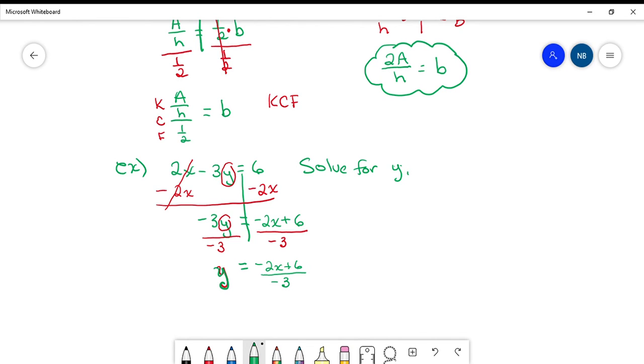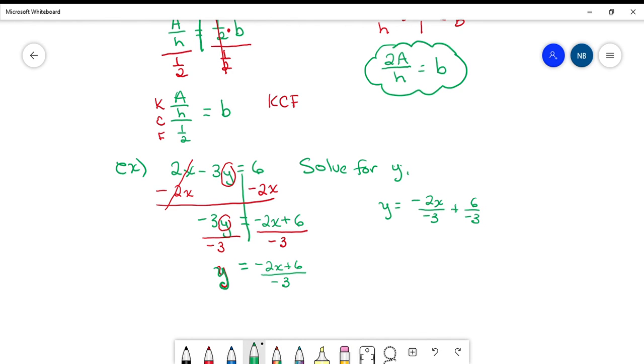This would not be a common way to write this answer because there's a lead negative in the numerator. There's also a negative in the denominator, and both of those things are sort of bad manners in math. So we're going to use some skills we used in the example 2 before this one. And we're going to write that as y equals -2x over -3 plus 6 over -3.